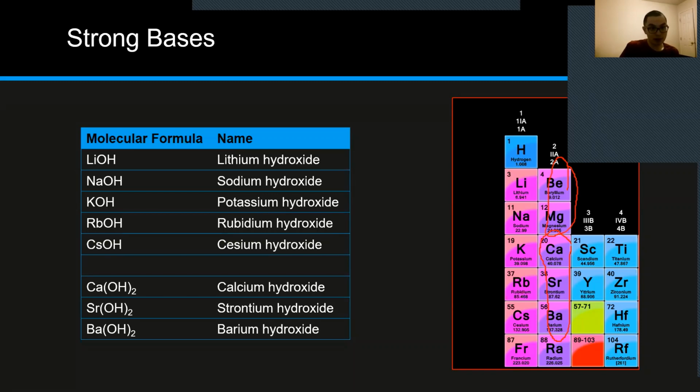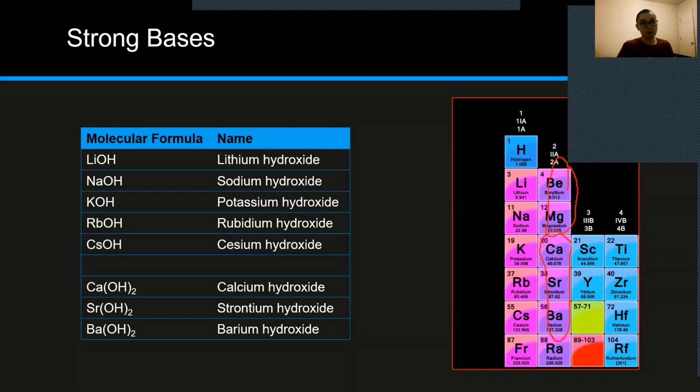So on the MCAT, you are given a periodic table. Honestly, if you look at the periodic table and you remember that the group 1 alkali metals and the bottom portion of the alkaline earth metals, the hydroxides of these are strong bases, you'll be fine.